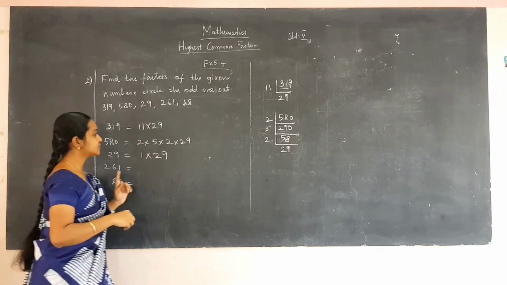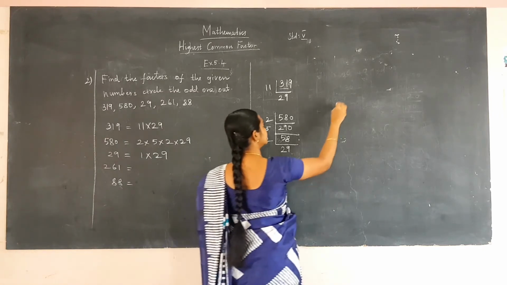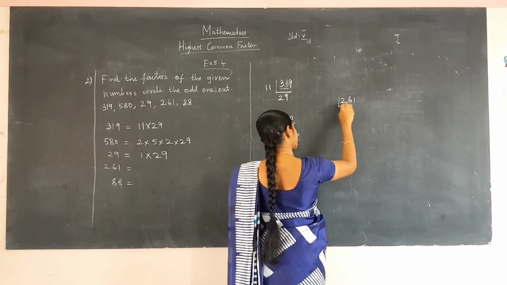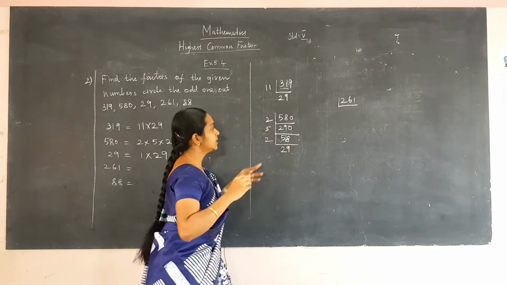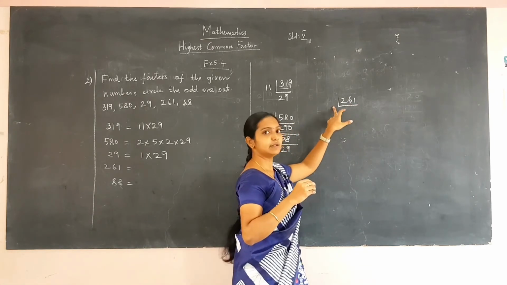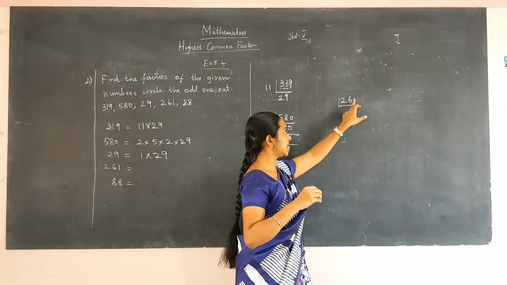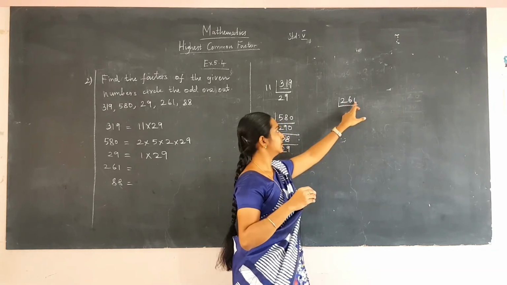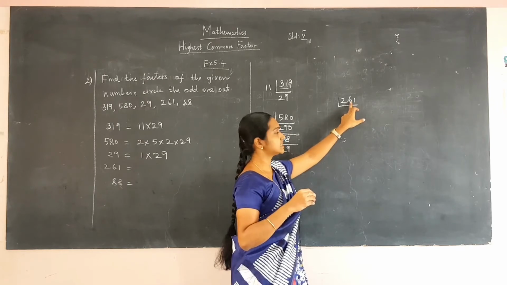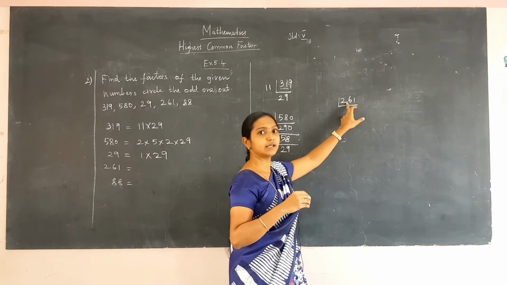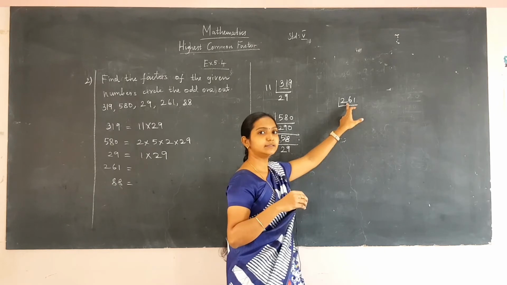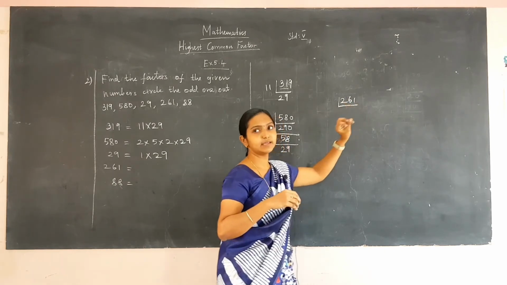Next let us factorize 261. It won't be divisible by 2 because the unit place is 1 here. Next let us add the digits. 1 plus 6 is 7, 7 plus 2 is 9. 9 is divisible by 3, so the number will be divisible by 3.